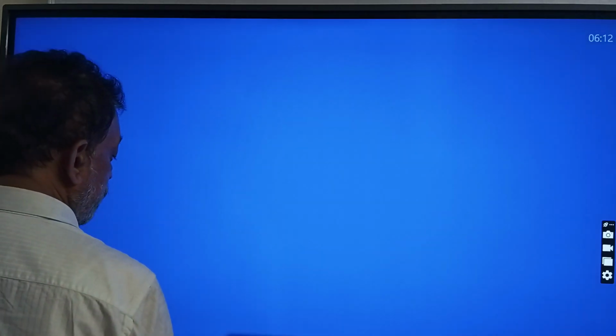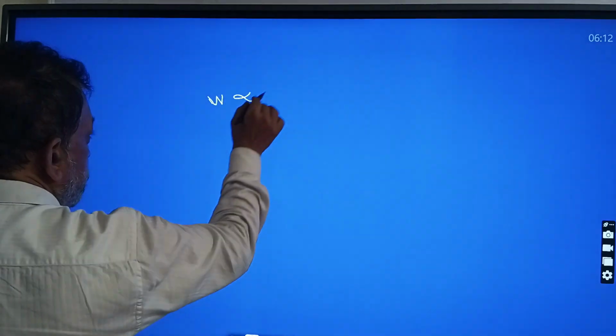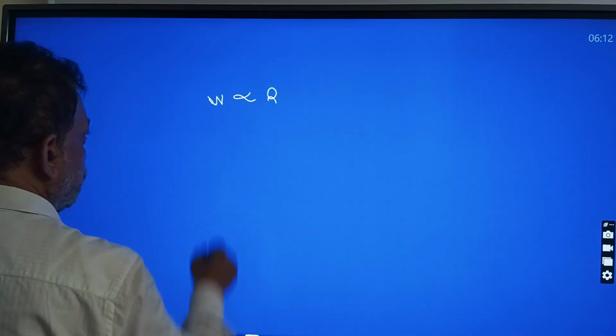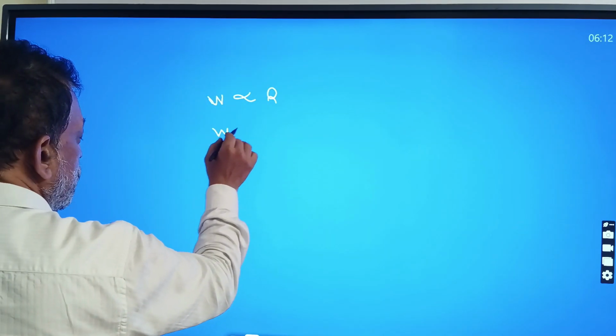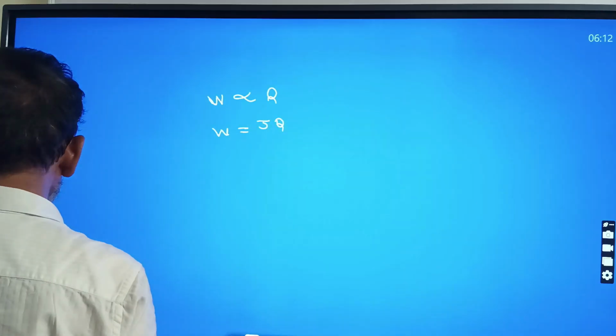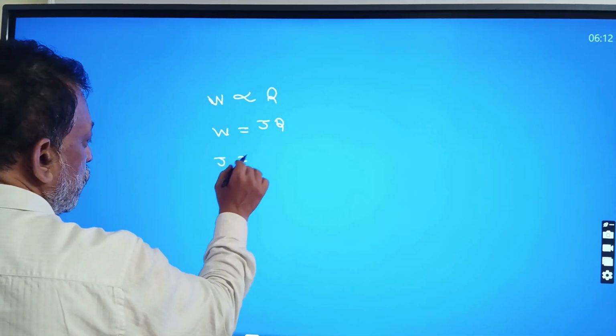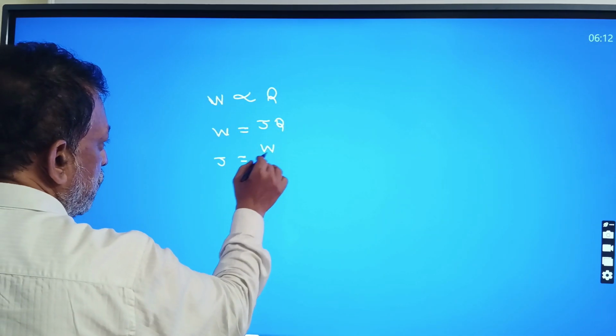That is, work done is directly proportional to heat produced. So work done is equal to some constant, Joule's constant, into Q. So you can write J is equal to work done by Q.